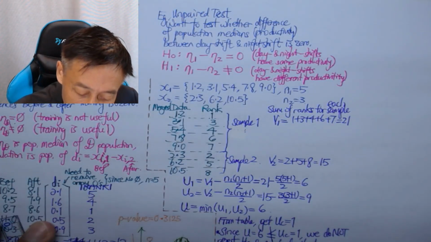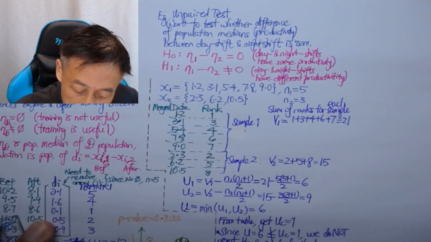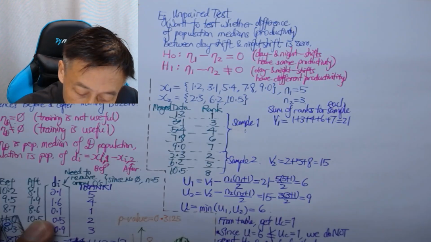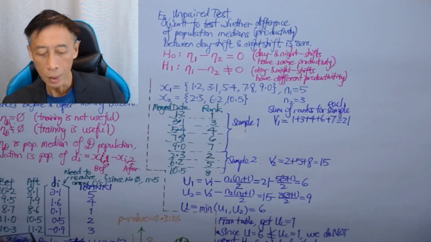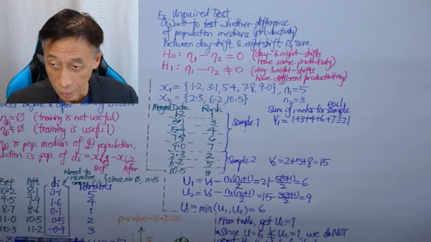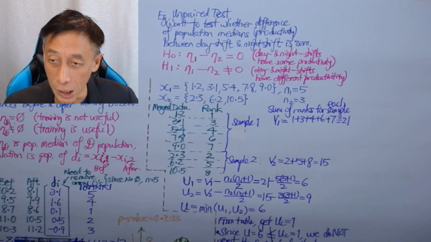So we conclude that day and night shifts have the same median productivity at 5% significance level. That's the big idea involving the Mann-Whitney test.